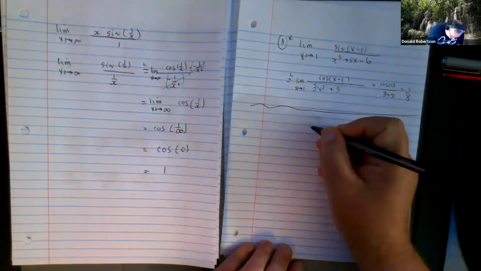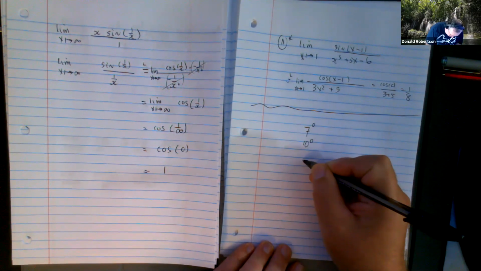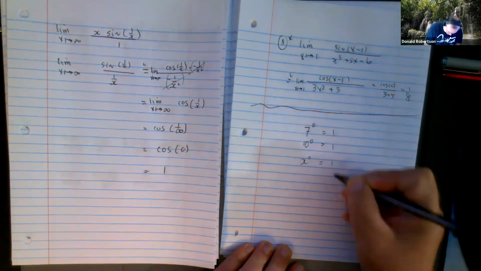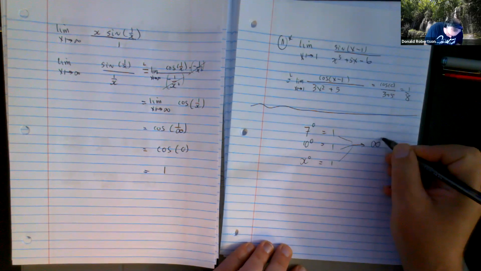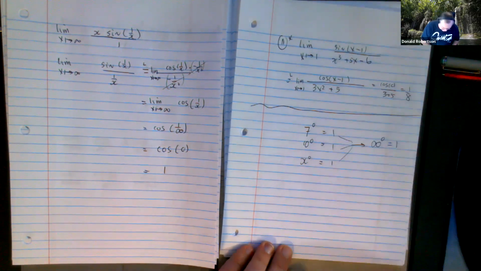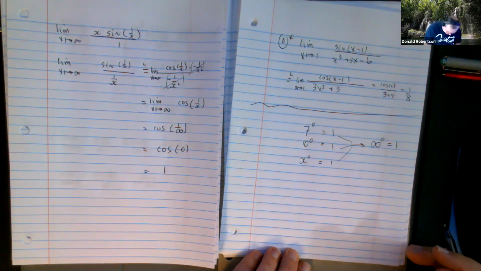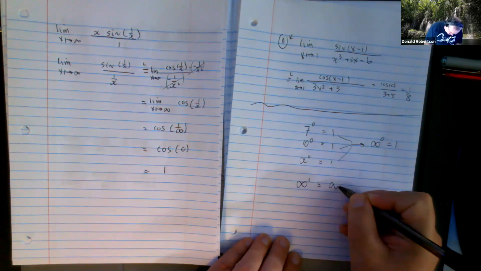7 to the 0, 10 to the 0, anybody you like to the 0 is 1. So by that logic, quite sensible logic, infinity to the 0 should be 1. Seems logical. Infinity to the power of 1 is infinity.